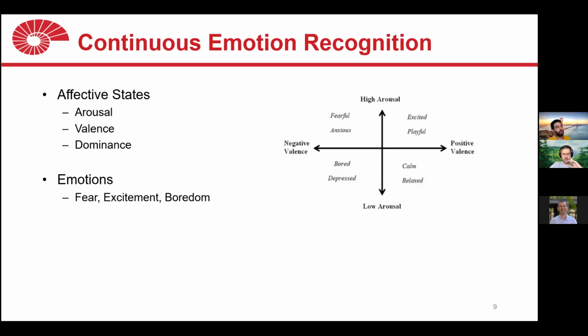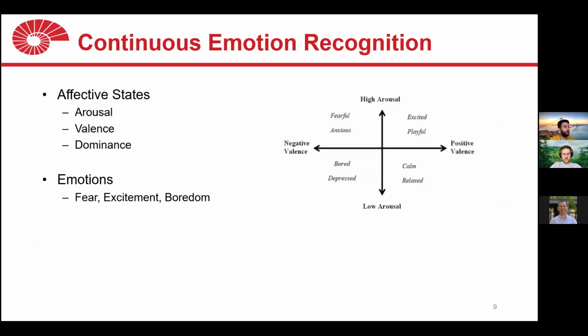Before diving into what we are doing in that module, I will briefly explain what affective states and emotions are. Affective states consist of arousal, valence, and dominance. These represent how active or passive we are, for arousal, how positive or negative we are, which is valence, and how dominant we are, which is dominance.